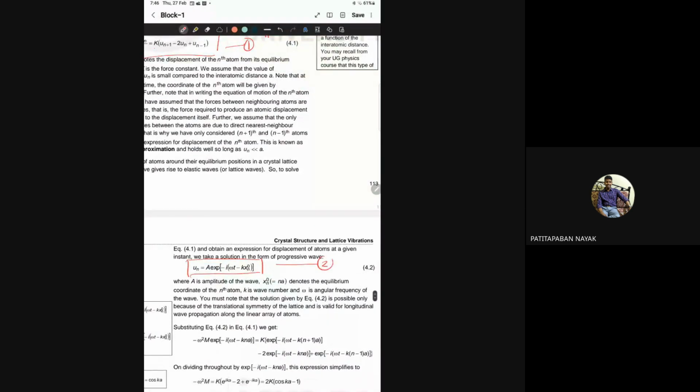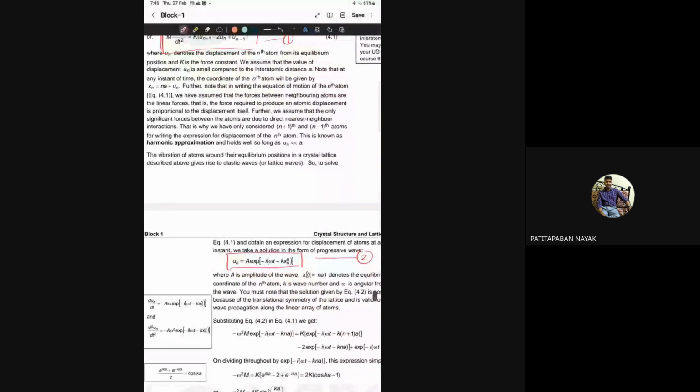If we substitute that, let's say this is equation 1 and this is equation 2, then instead of un, we will determine the value of d square un by dt square, which should be equal to k times un plus 1 minus 2 un plus un minus 1.